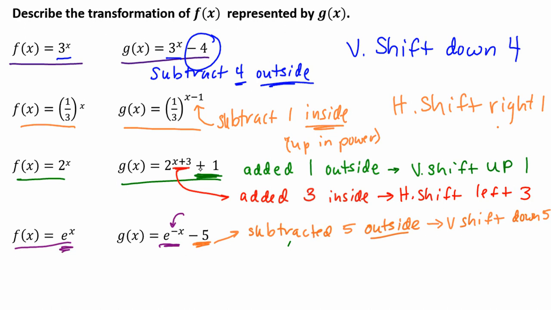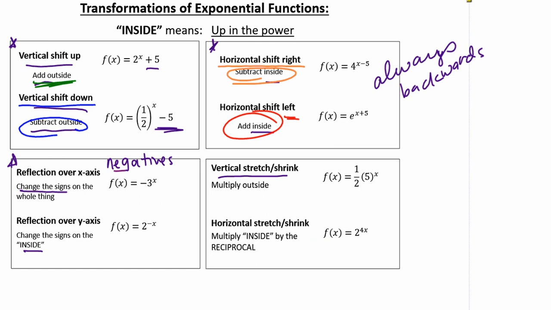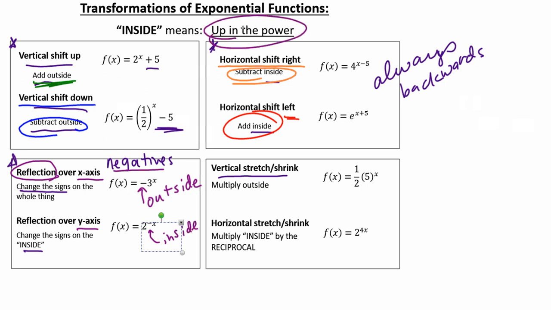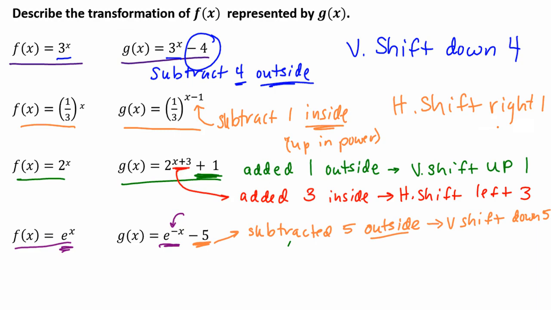Okay, let's talk about this negative sign though. Back here on our cheat sheets, the negative has to go with reflections, and it's either going to be over the x or over the y. Now, what's the difference between them? Is the negative outside, meaning out in front this time, or is it inside, which again, inside means up in the power. So looking at that example, it looks like it's inside and it's a negative.